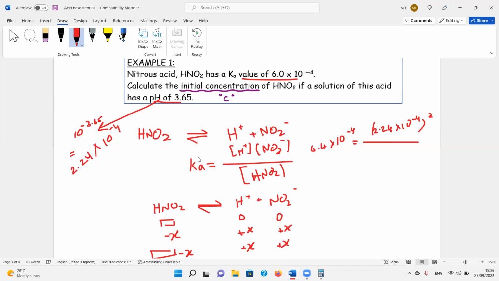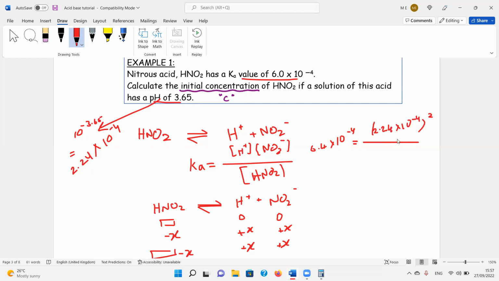Just a side note here, whenever you want to use this equation, all these concentrations have to be at equilibrium. So you can't use this row, you can't use this row, you must use this row. Is that okay? If you are told that everything was at equilibrium, then you can use these values straight away.